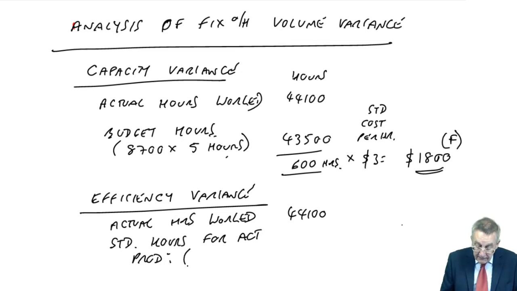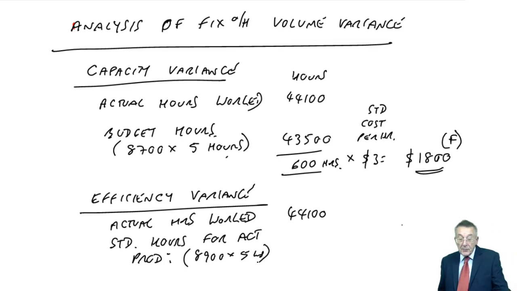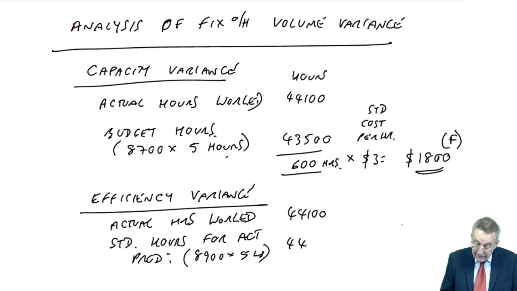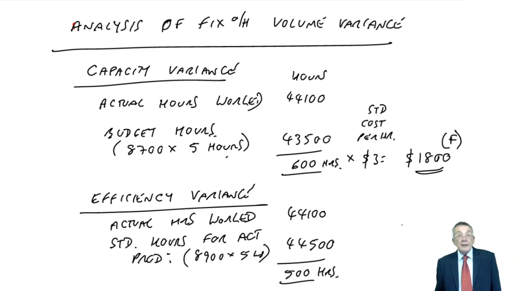We produced 8,900. At 5 hours a unit, you would have expected them to work 44,500, they worked faster. 500 hours faster.